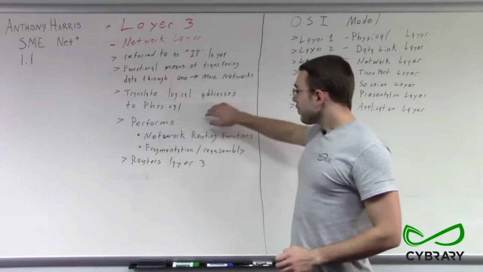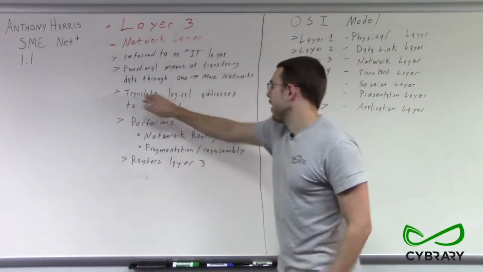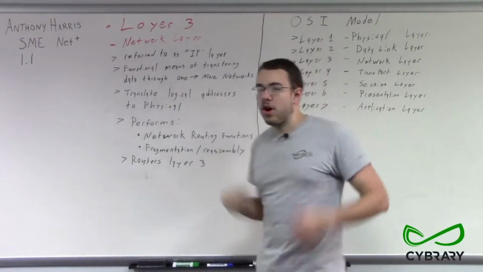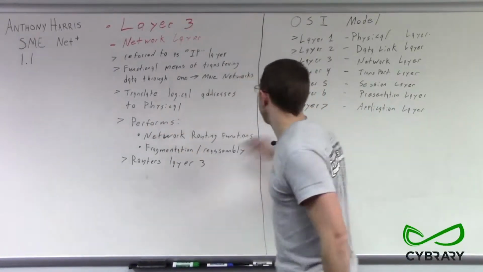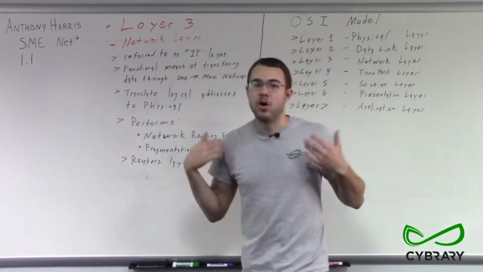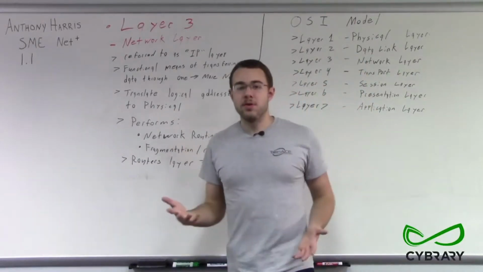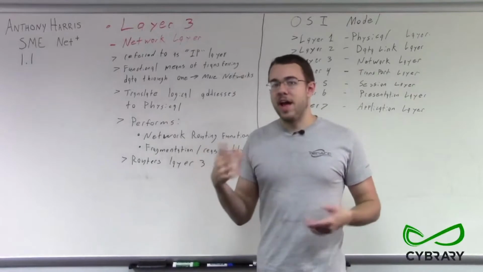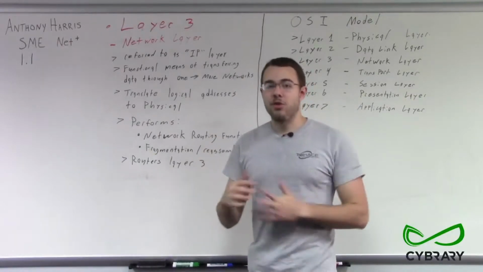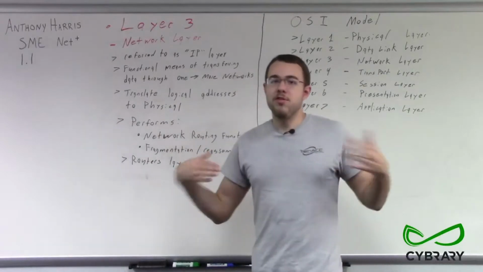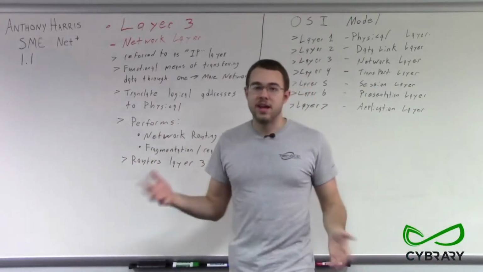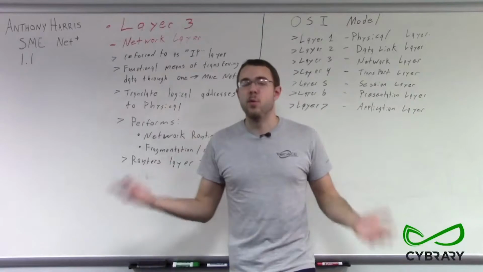So at our layer 3, we're going to translate our logical addresses, our IP addresses, to the physical addresses, such as our MAC addresses on our layer 2, our data link layer. All of our computers with a network interface card have a MAC address, and they also have an IP address. And you ask, well, why do we need both? Why can't we just use MAC addresses everywhere and just send data directly to a single computer in the world?